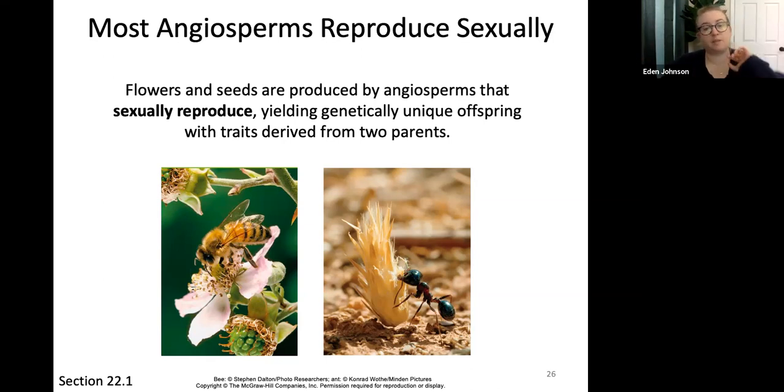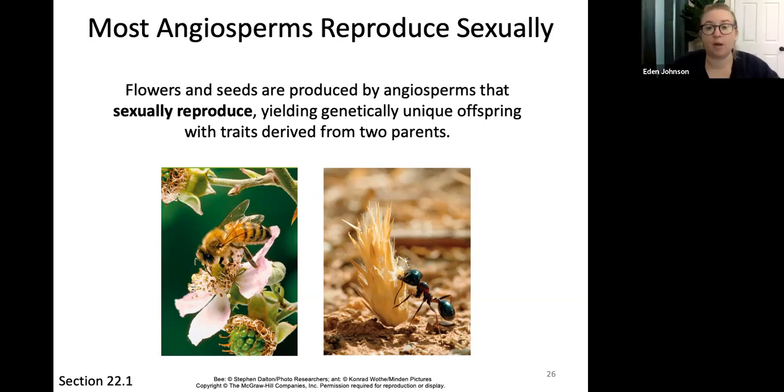But just like anything that is sexually reproducing, it's going to increase genetic variation in a population, because let's say a flower does have both male and female reproductive organs. It could pollinate itself, but it could also potentially pollinate the flower next door.